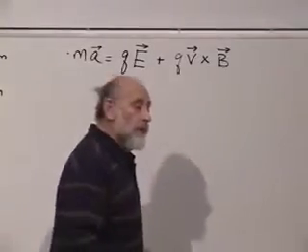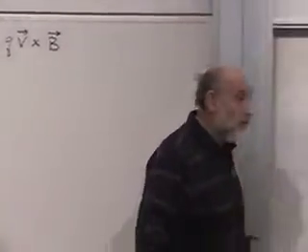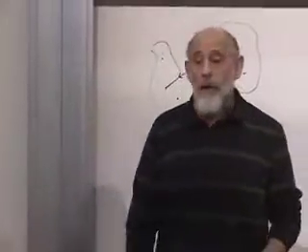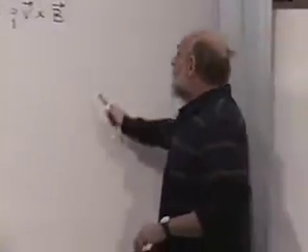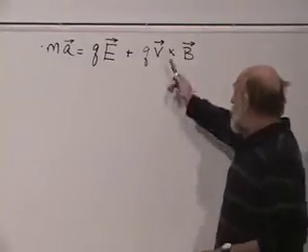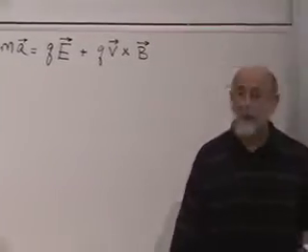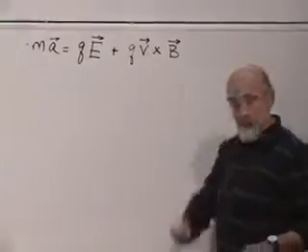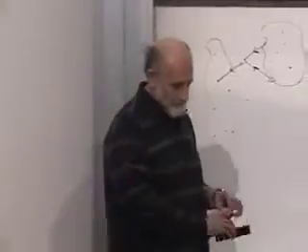The magnetic field term has the property that the force depends on the velocity, but unlike a friction force, the force is perpendicular to the velocity. Cross products are perpendicular to the constituent vectors which make them up.